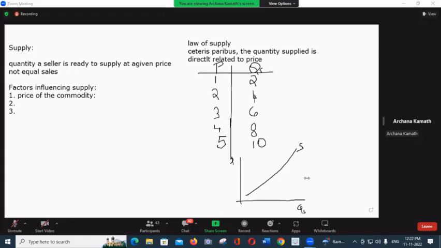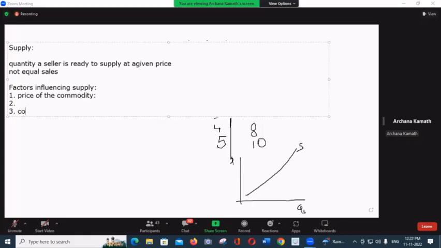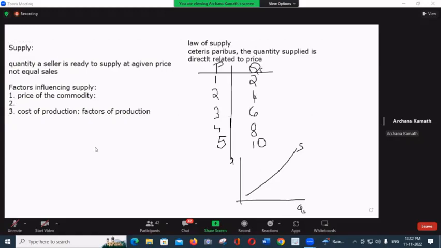Okay, cost of labor, that is correct. Or we can say in common, cost of production, not only labor, you have various factors of production: land, labor, capital, organization. You are borrowing money from a bank and starting your business. If banks are charging a higher rate of interest, it is going to affect your production, right?